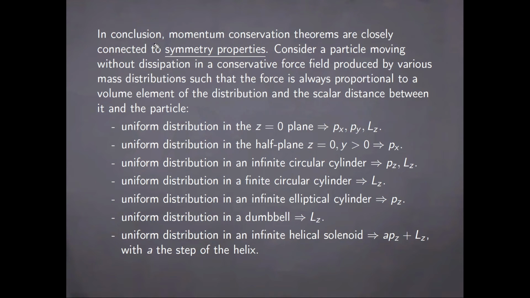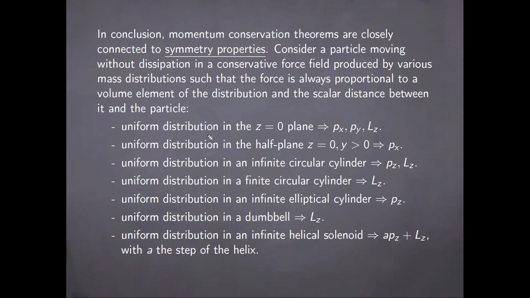In conclusion, momentum conservation theorems are closely connected to symmetry properties. Consider a particle moving without dissipation in a conservative force field produced by various mass distributions, such that the force is always proportional to a volume element of the distribution and the scalar distance between it and the particle.